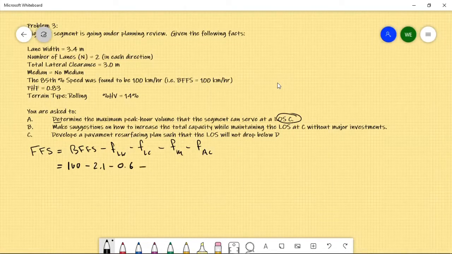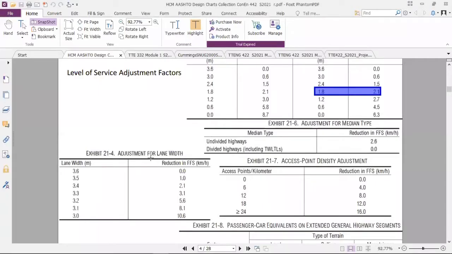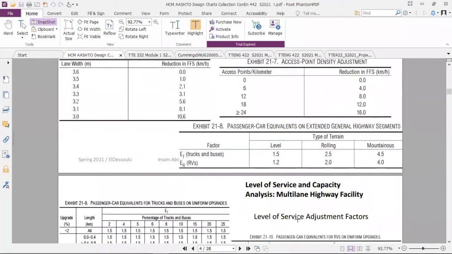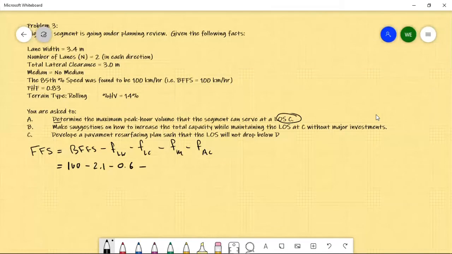And the median, there is no median. So there is a reduction factor for the median. For no median, undivided highway, the reduction factor is 2.6. And there's nothing about the access points, so we'll say it's 0.